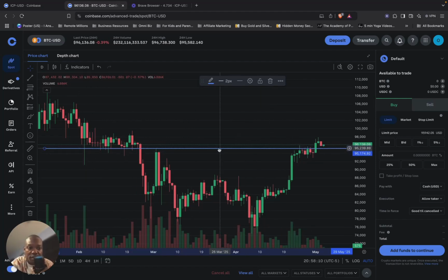And I'm going to put another one around here. And I'm starting this because if you look over here, see this wick went all the way up here.